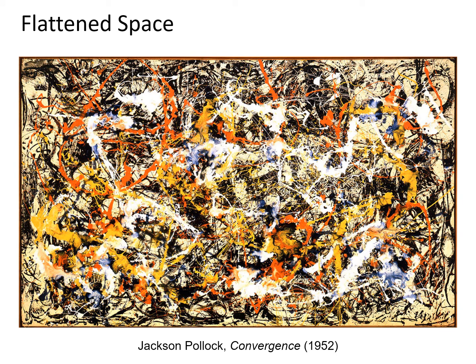In the late 1940s, 1950s, all the way up till about 1962 or so, abstract expressionism was king of the art world centered in New York, and Jackson Pollock, the artist here, was considered the high priest of abstract expressionism. Its goal was to produce the ultimate painting, the painting to end all paintings.